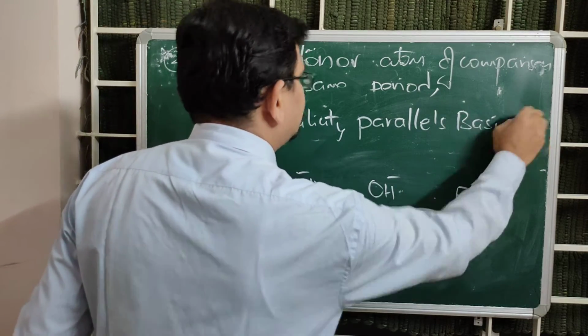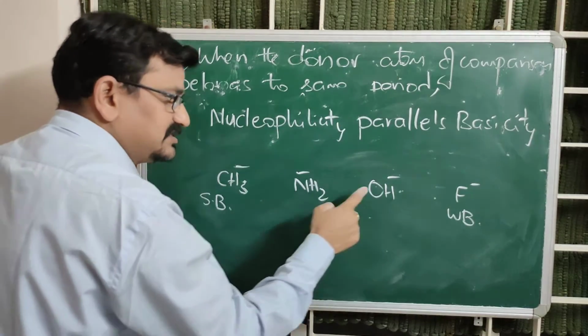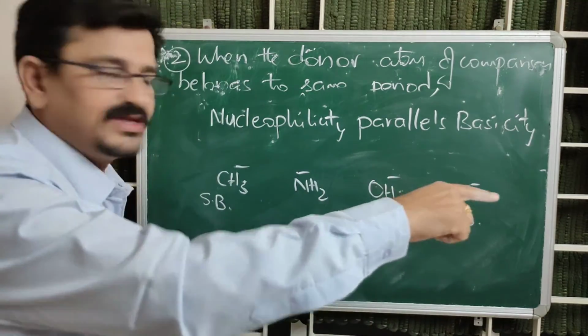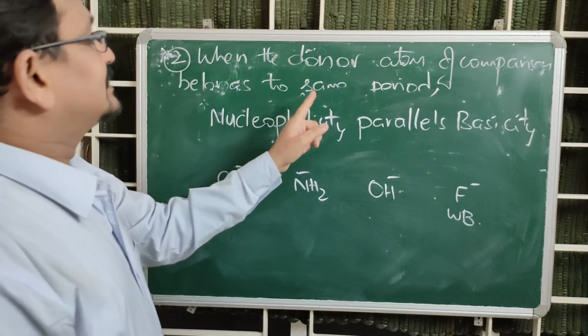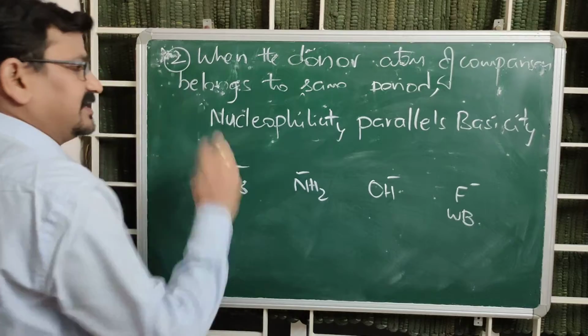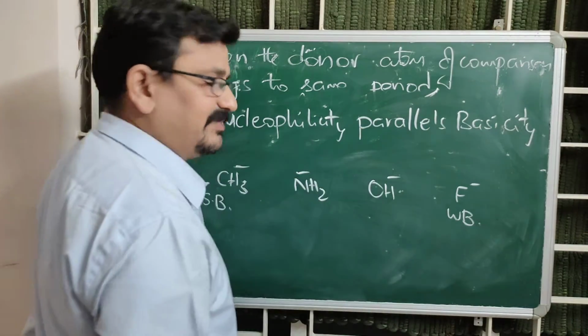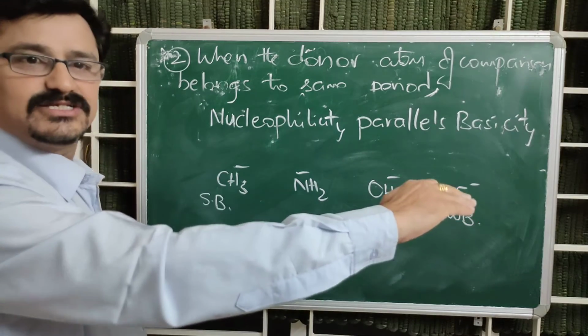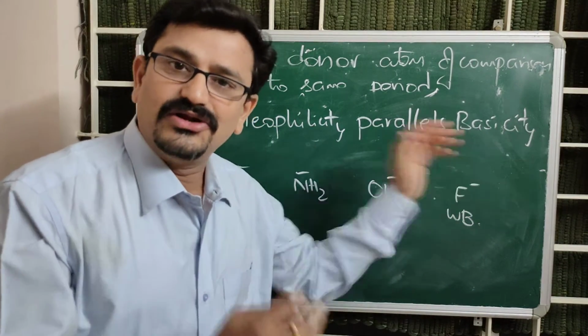It's a very important line. Here carbon, nitrogen, oxygen, fluorine belong to the same period. When the donor atoms of comparison belong to the same period, nucleophilicity parallels basicity, meaning whatever sequence is shown for basicity, the same sequence will be shown in nucleophilicity also.